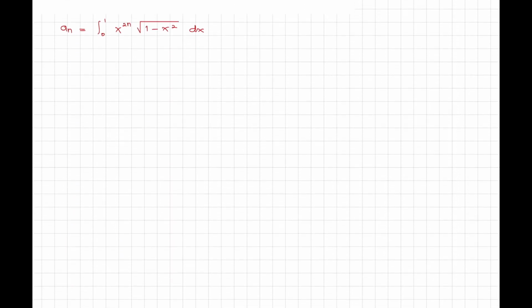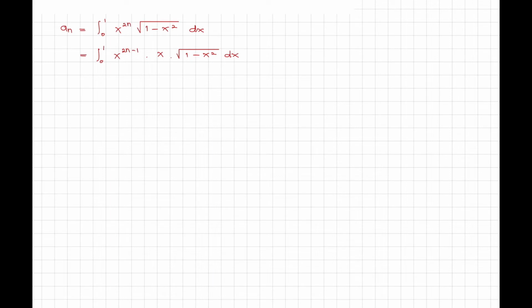If you remember, when I found A1, the x here is manipulated first. So x to the power of 2n here, I will write as x to the power of 2n minus 1, times x times square root of 1 minus x squared dx.